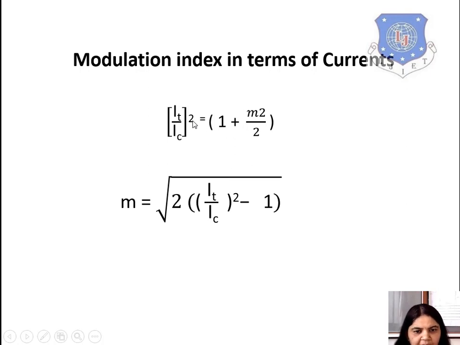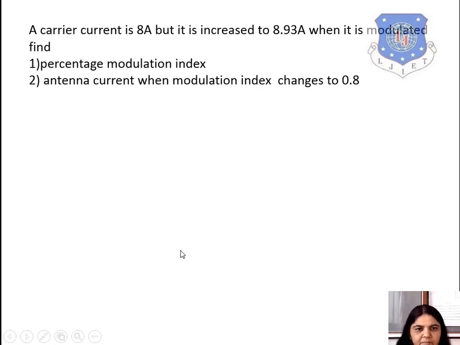So IT by IC whole square minus 1 is equal to m square by 2. Therefore m is equal to square root of 2 in bracket IT by IC whole square minus 1. So this is the equation. Whenever in the examples the total current and carrier current are given to us, then we can find out the modulation index in terms of this.